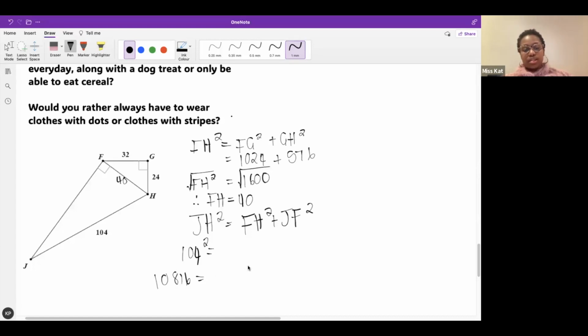Okay, and then FH is 40, right? 40 squared, which will be 1,600. Plus, do we have JF squared? No, we don't have JF squared, ma'am. There we go. So how do we get JF on its own?